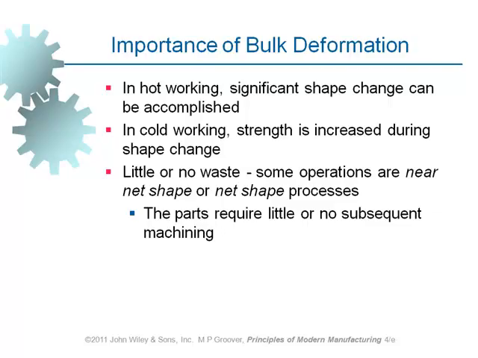And generally, we can subject different materials to bulk deformation processes when the temperature of the material is at room temperature, which is called cold forming, or when the temperature of the material is elevated. And we know that when the temperature of the material is elevated, what happens to the material then?